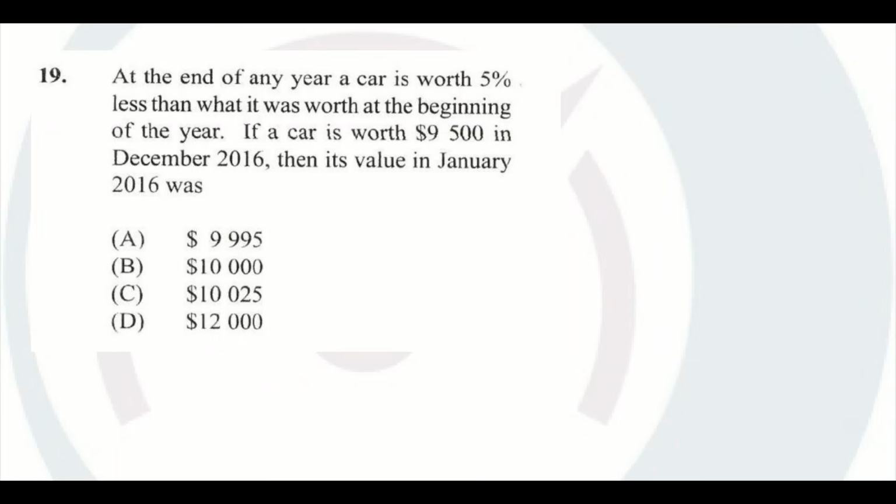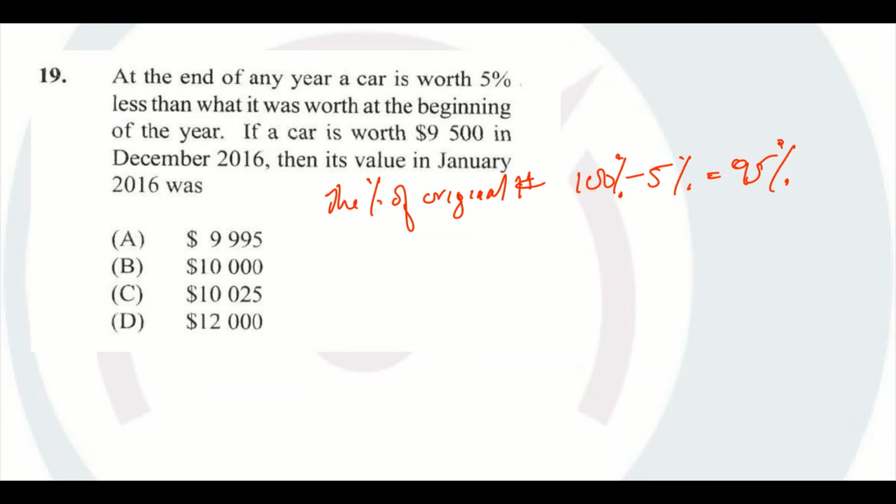So we know that the percentage of the original number is 100 minus 5. So that's 100% minus 5%. Alright? And that gives us 95%.